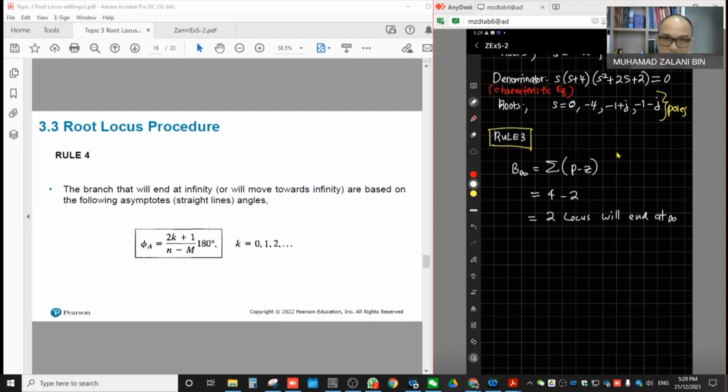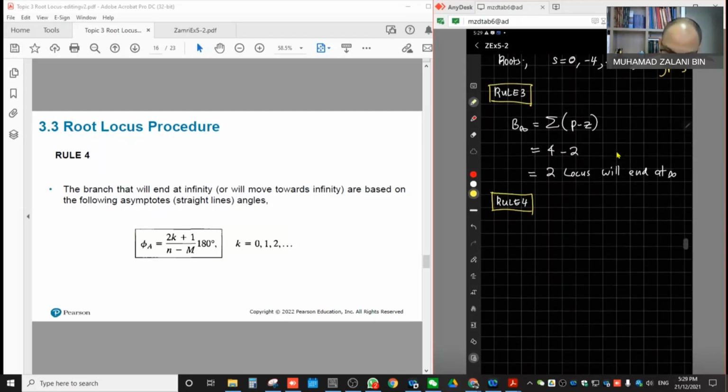We consider rule number 4 to find the asymptote angle, using the given equation, phi A equals. In the textbook we have 2k plus 1 over n minus m; in some books they use q.